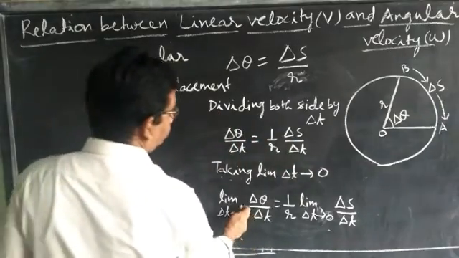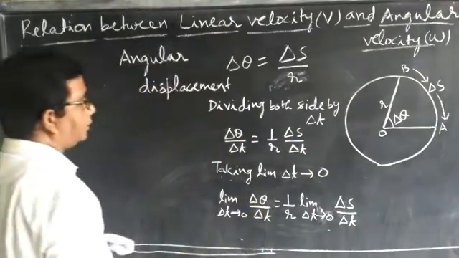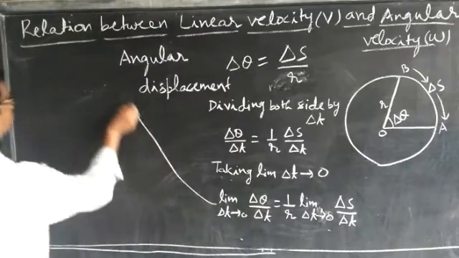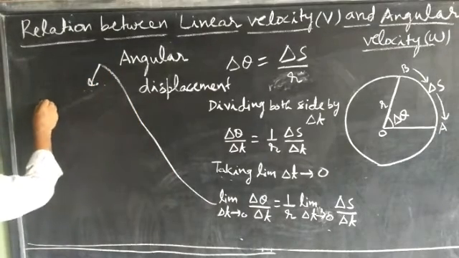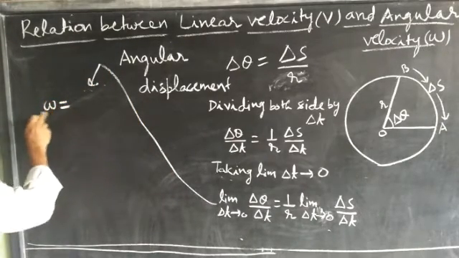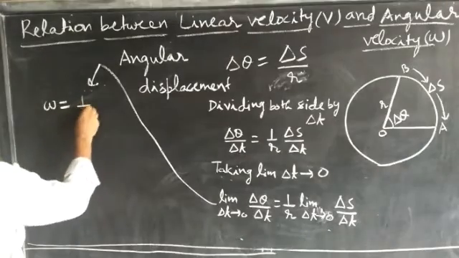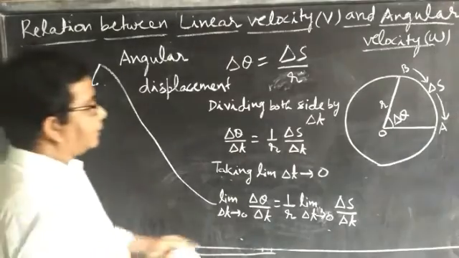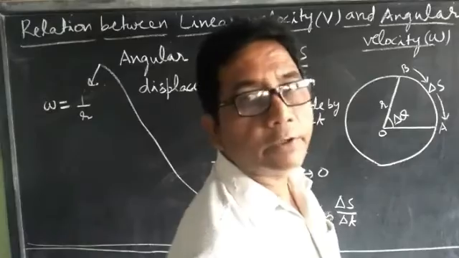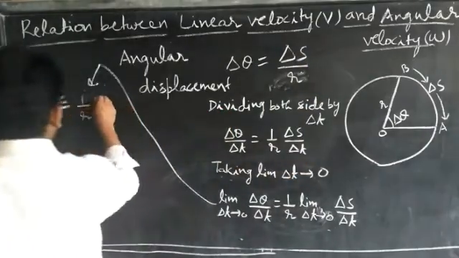Then delta theta upon delta t is omega, that is angular velocity, is equal to 1 upon r, and delta s upon delta t is velocity v.